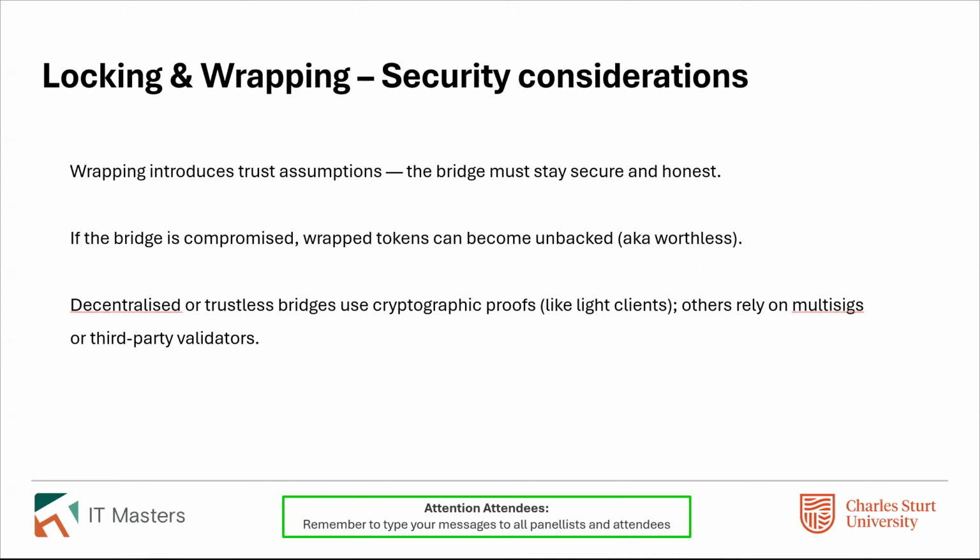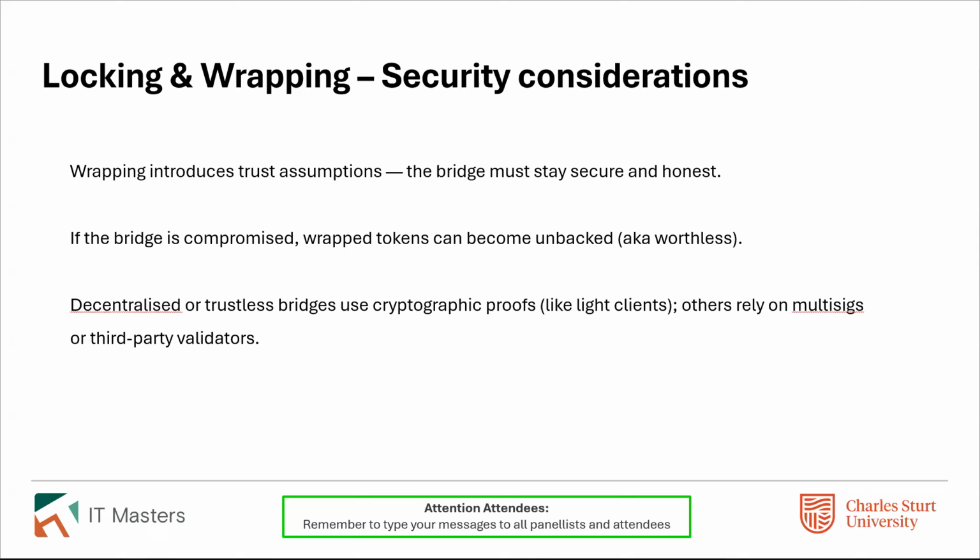Again, putting together the security considerations of this, wrapping introduces trust assumptions. And this has been the problem, where the bridge must stay secure. If you're holding a bunch of assets out there decentralized, it better have really good code.